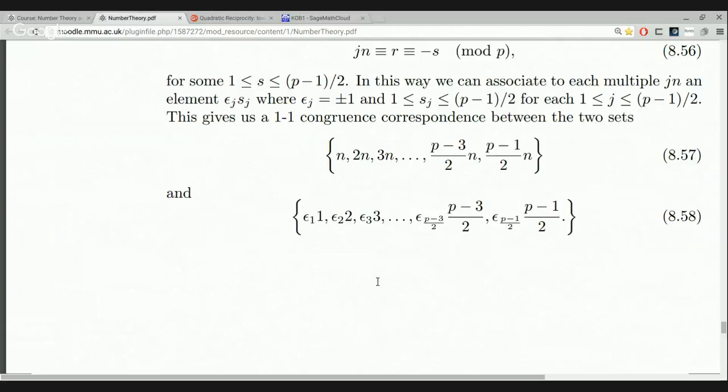If you know what x squared is, you automatically know what minus x squared is. If you know what x cubed is, you know the cube of minus x is just minus the cube of x. So once you know about a positive thing, you automatically know about the negative thing in any kind of multiplicative question about it, because you've just got an extra factor of minus 1, and that's what we're seeing there.